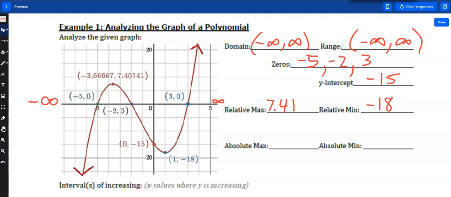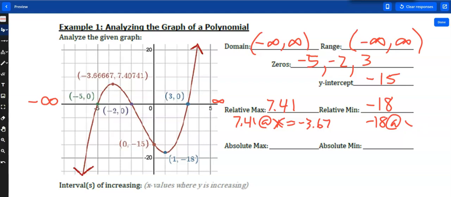When we get to pre-calc, we're going to say things like 7.41 at x equals negative 3.67 or something like that. And this one will say negative 18 at x equals 1.